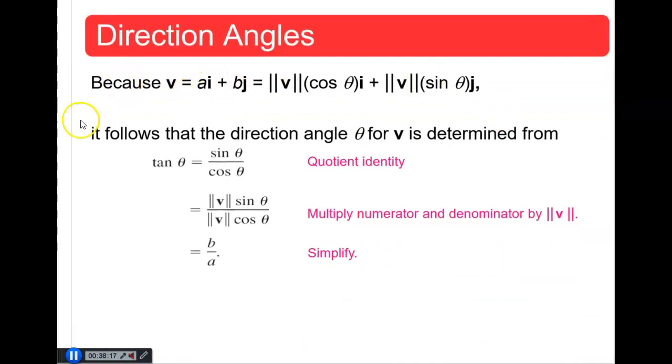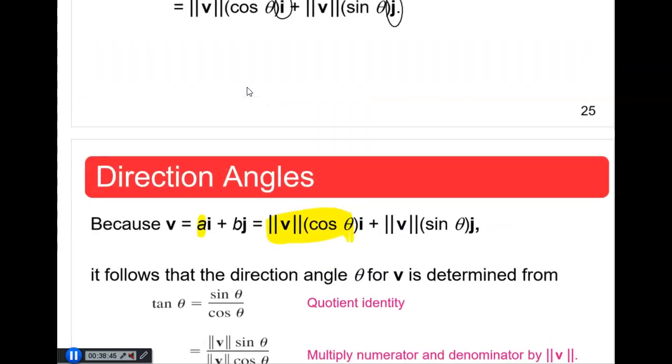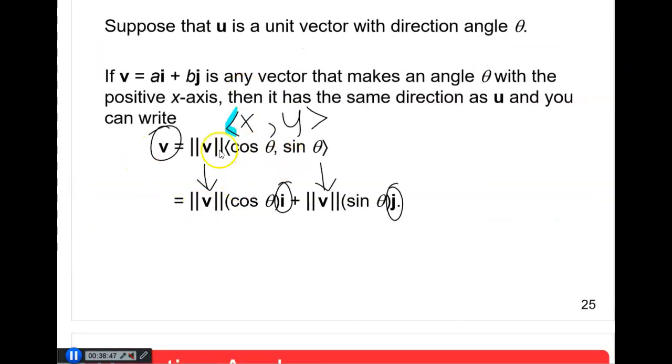Because we have the vector in that form, remember a is here a number that is just multiplying the unit vector i, and b is also a real number that is multiplying vector j, the unit vectors. And so that horizontal component can also be found by calculating the cosine of theta times the magnitude of v. And this is for something that is different than the unit vector.